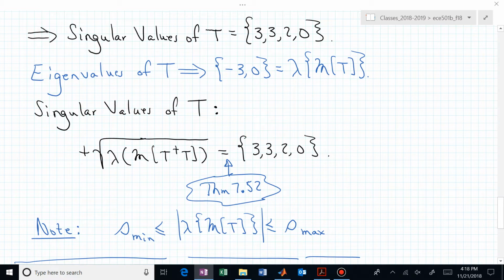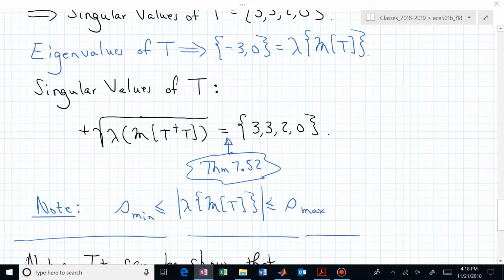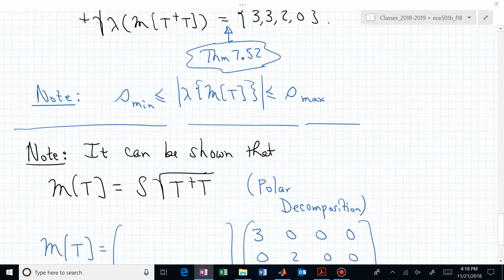That's just something to keep in mind, that these singular values actually give us a size associated with the eigenvalues of our original operator.